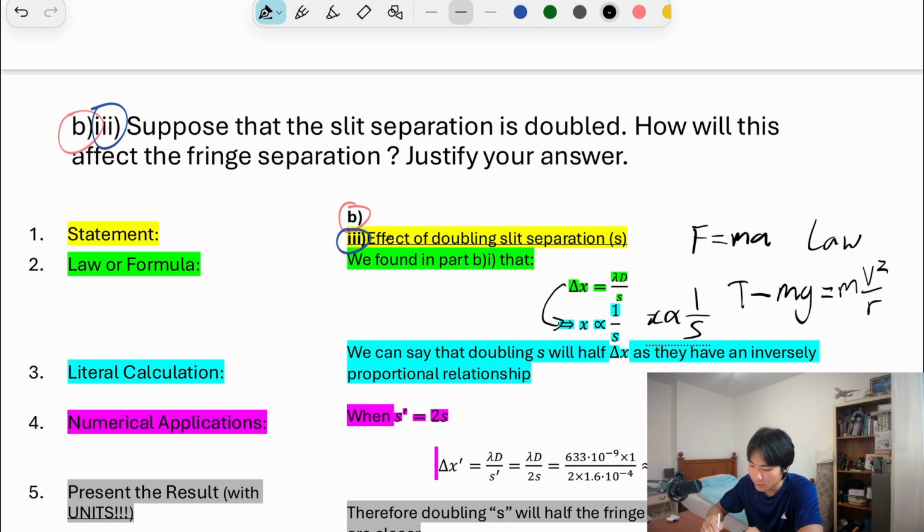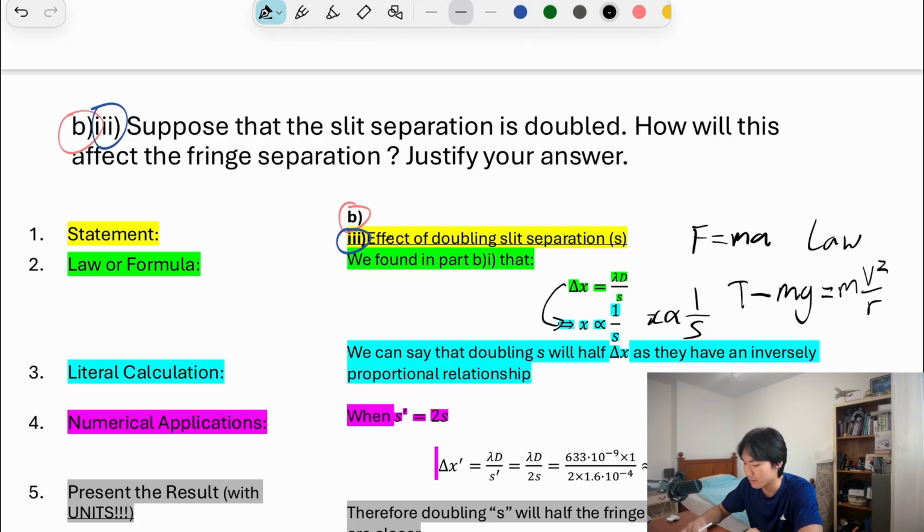And then step 5 is presenting the result with units. For instance, in this case, effectively doubling slit distance s will halve the fringe separation. Not every question will require you to write units.